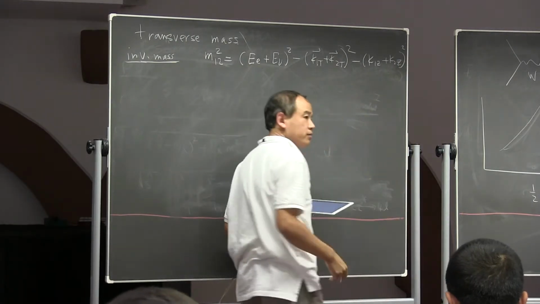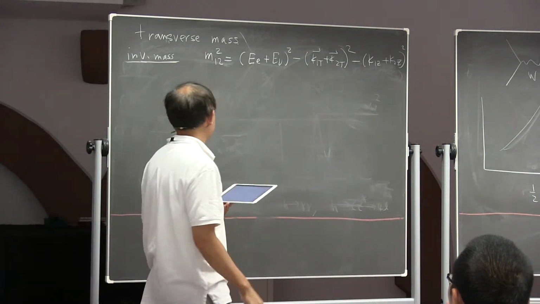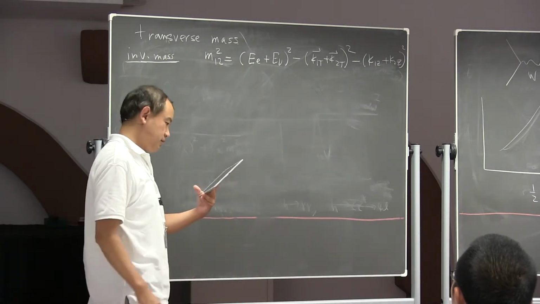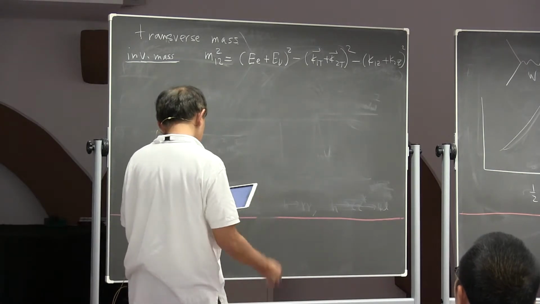This is just the definition of the invariant mass, taking the vector product of those two.